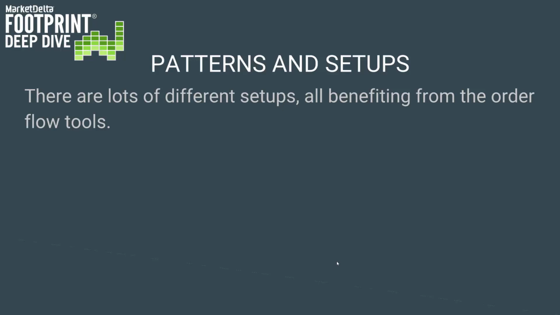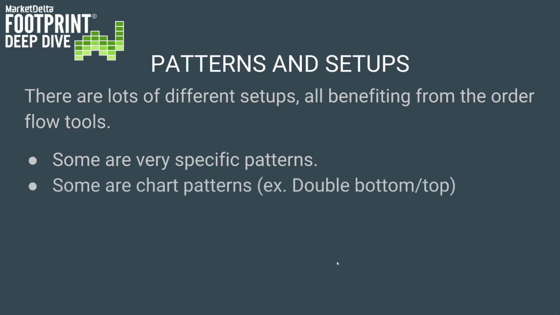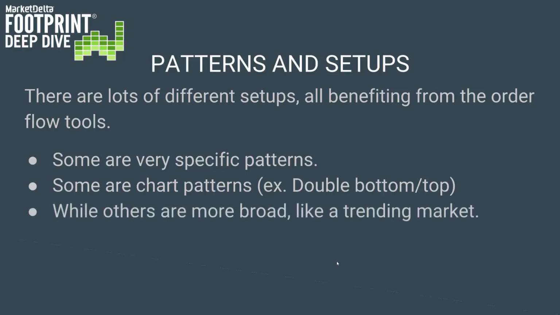Like I said, there's a lot of different ones, and they all benefit from using these order flow tools. Some are very specific patterns. Some are chart patterns, like the double top, double bottom that I just mentioned, which we will look at. While others are more broad, like a trending market. And what does that mean?